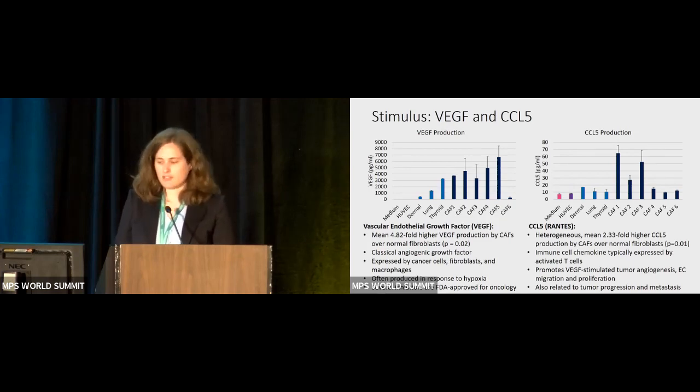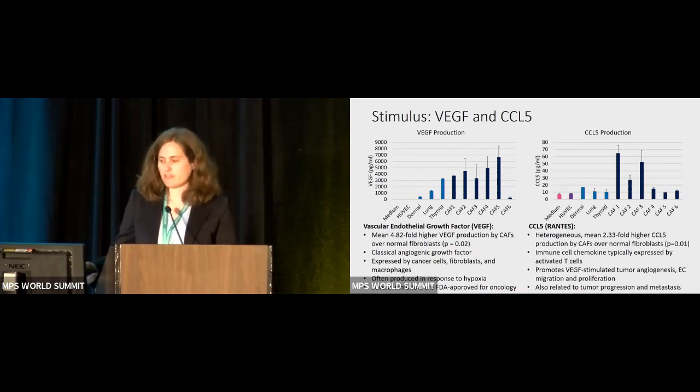It's expressed by activated T cells, although in the literature it's also known to be involved with angiogenesis, typically through VEGF stimulated angiogenesis, but also related to endothelial cell proliferation and migration. And then there's also a great deal of literature about its effects directly on tumor cells, making them more responsive and contributing to tumor progression and metastasis.